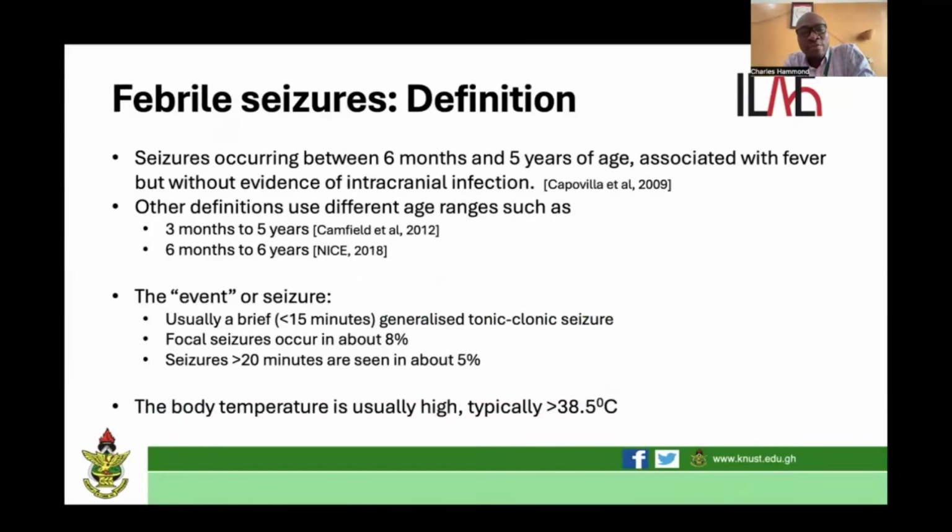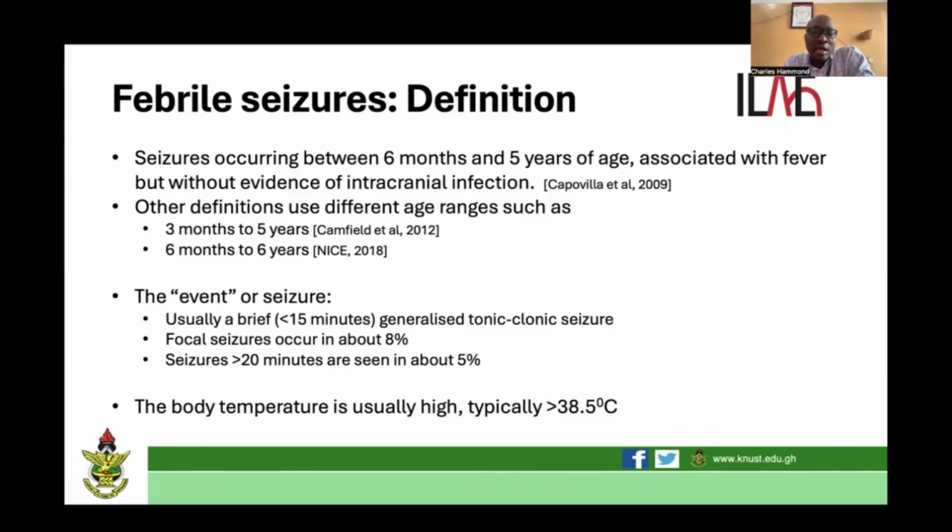We'll start first with the definition. Febrile seizures have been defined consistently as seizures occurring between the age of 6 months and 5 years, some authors will say 6 years, associated with fever, but without evidence of intracranial infection or inflammation.